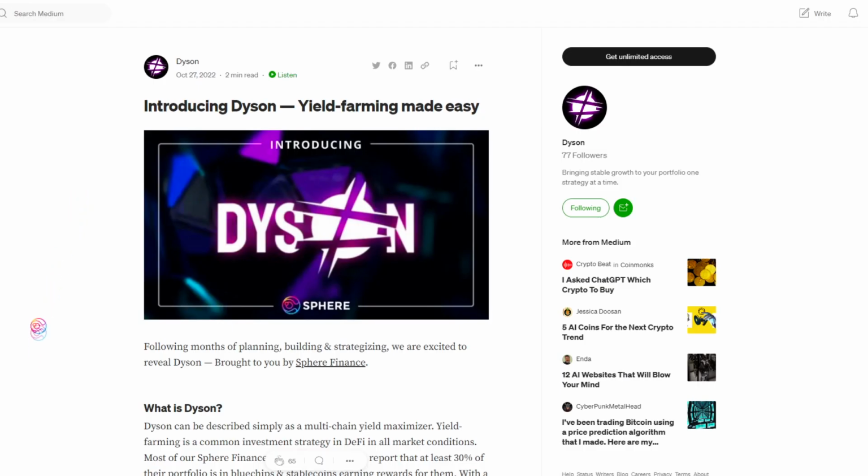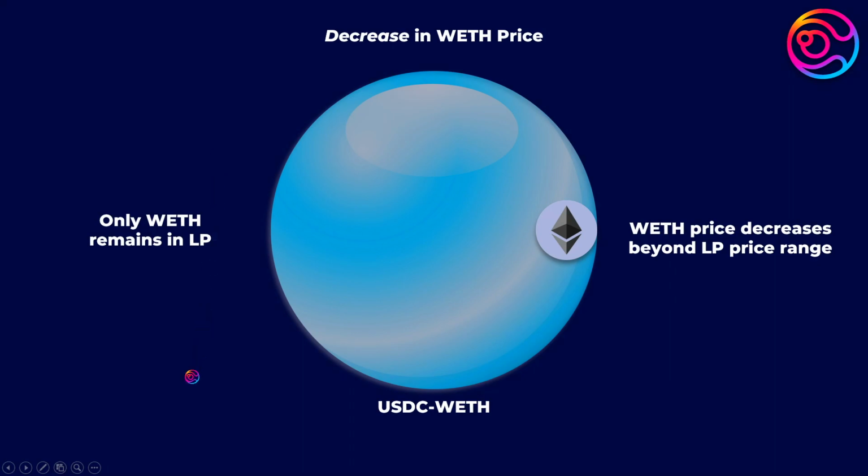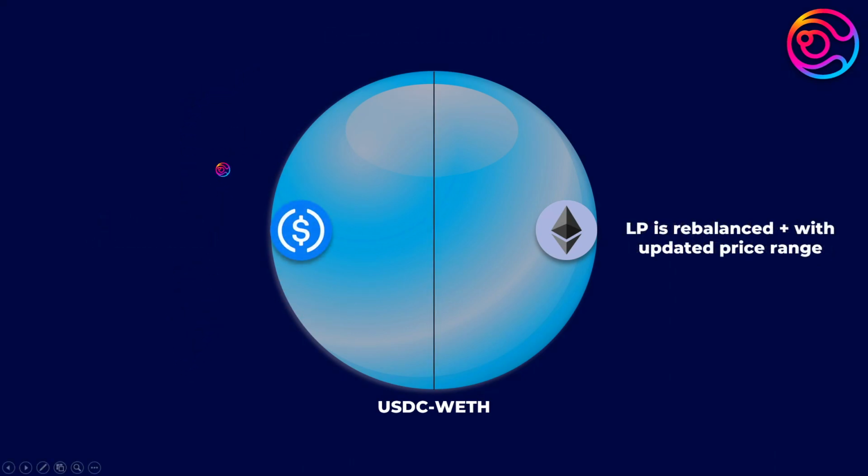Dyson does help mitigate the effects of impermanent loss because it will automatically rebalance the LP for you. Bear in mind that with a rebalance, the impermanent loss is realized, but the LP's price range is optimized to best contain the active price range and therefore earn the most swap fees.